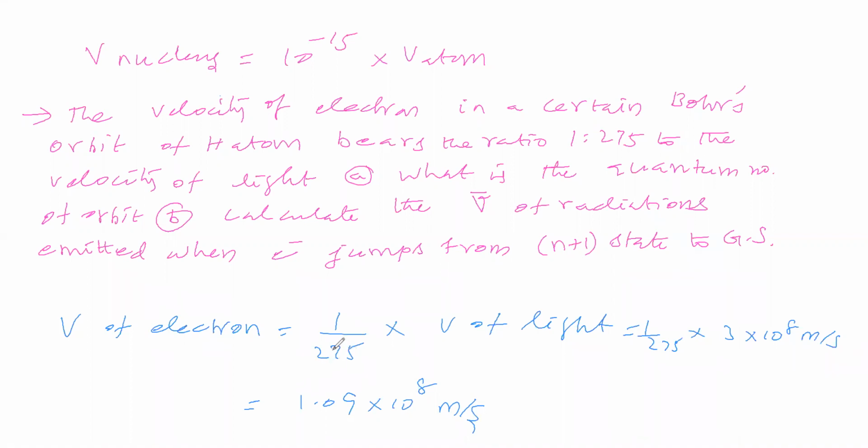Next, what is the quantum number of orbit? In which quantum number of orbit is the velocity of electron this much? We take the angular momentum as per Bohr, mvr is equal to nh by 2 pi.